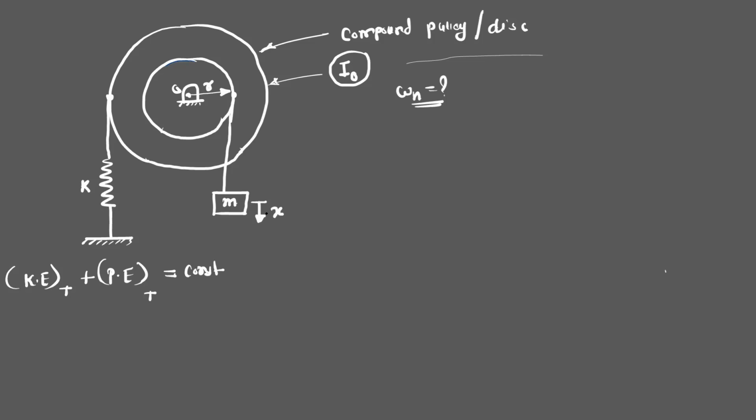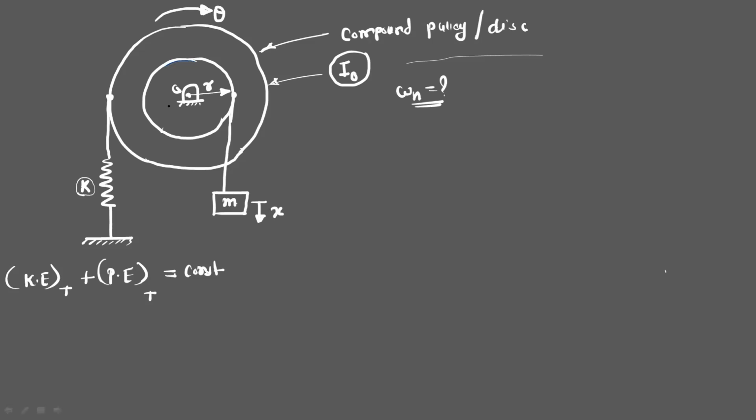If you release the force from this mass, then because of this spring the system is going to oscillate on its own, that is a free vibration. When we pull the mass m in the downward direction, this complete disk, which is pivoted at this point, will rotate in this direction by angular displacement theta.